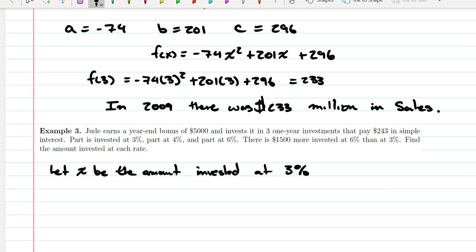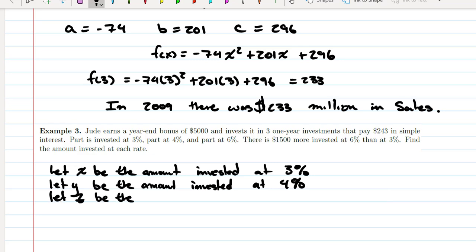We're going to let y be the amount invested at 4%, and we'll let z be the amount invested at 6%.